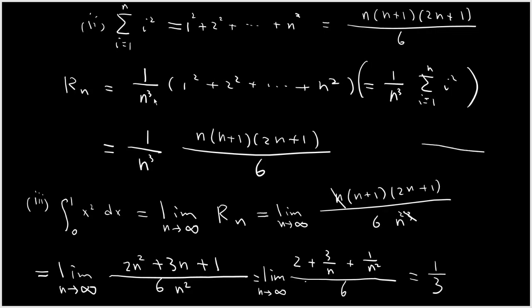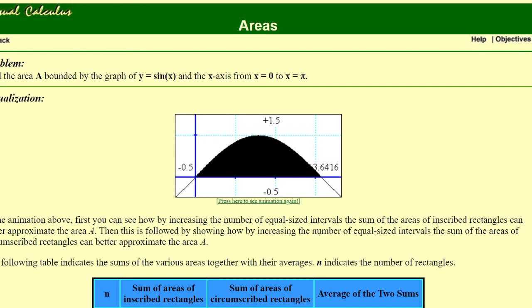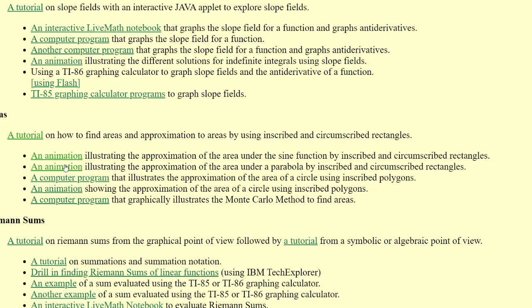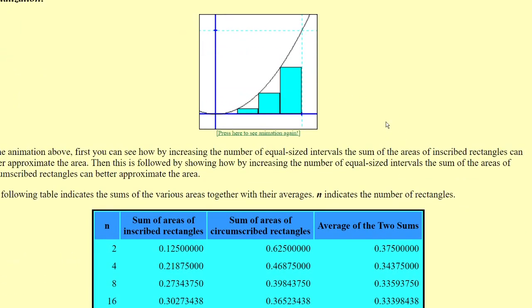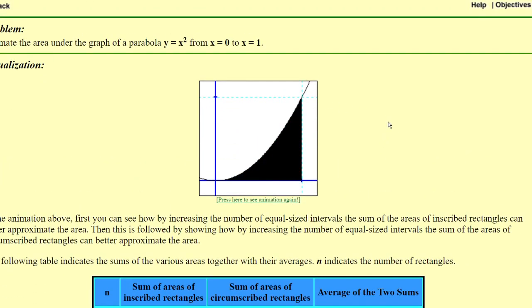Originally we were looking for the area under the graph of y equals x squared when x is from 0 to 1. According to the calculation, this area is 1/3. The area of the shaded region on the screen is equal to 1/3.